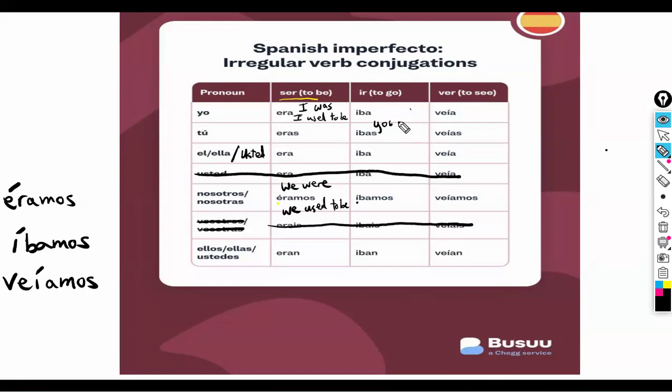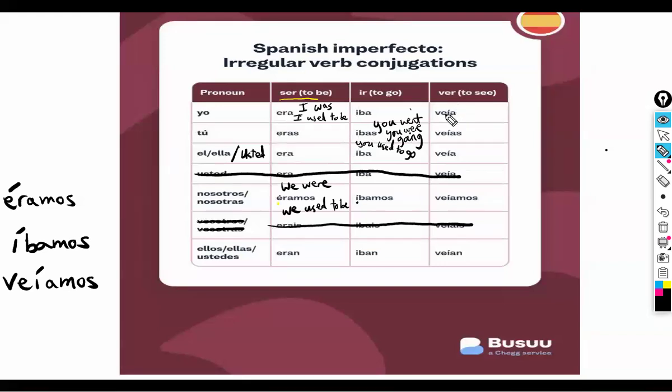You went, you were going, right? You used to go. This would be for the tú form, or even the usted form. I'm just picking one to remind us of the different forms.